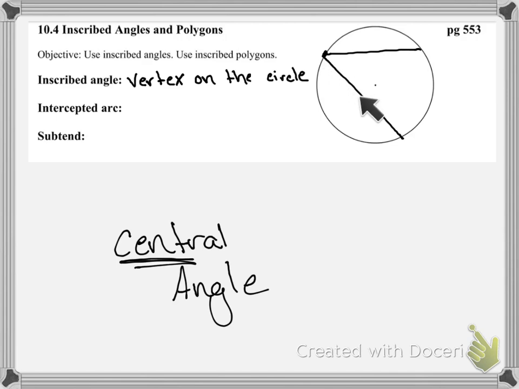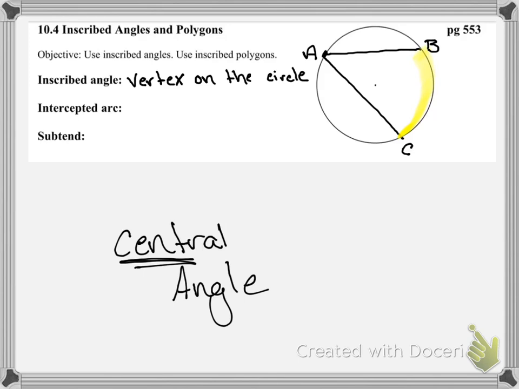This angle here intercepts an arc. There's this arc that goes from here around to here. If this was point A over here, B, and C, this arc here is what we call an intercepted arc.